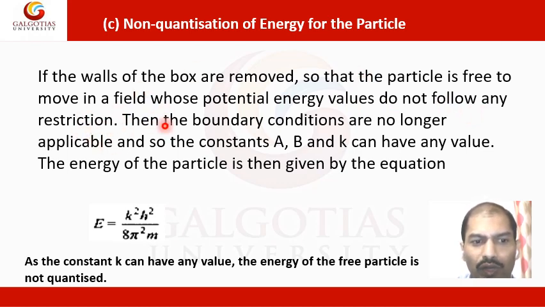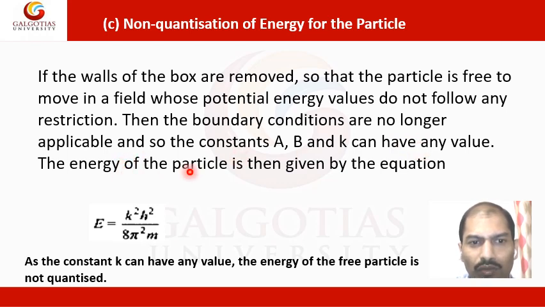The boundary conditions are no longer applicable, because we had set the boundary conditions x equal to 0 to x equal to a, and inside the box the potential energy equal to 0. Since you are removing that condition, the boundary conditions will no longer be applicable, and so the constants a, b and k can have any value.